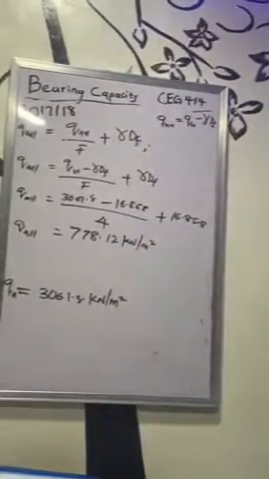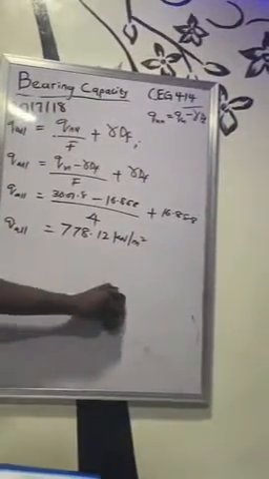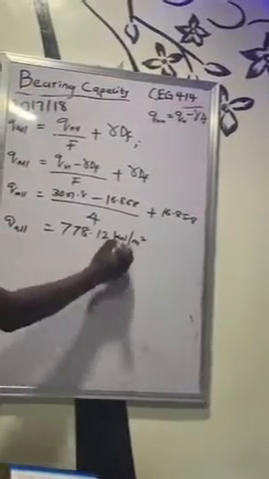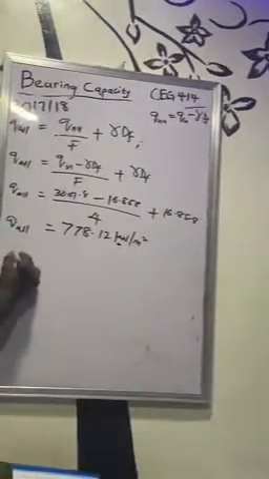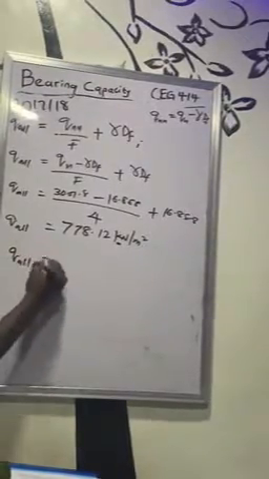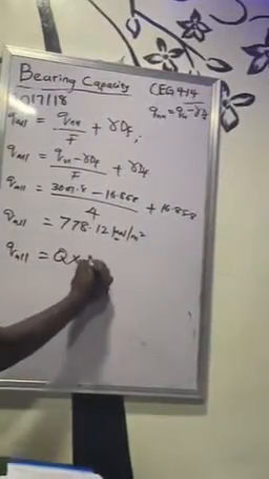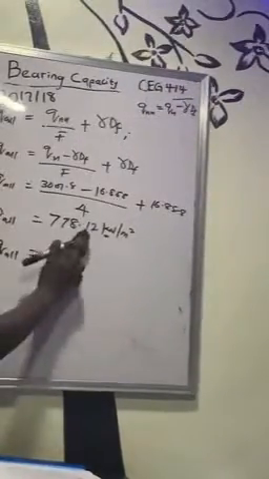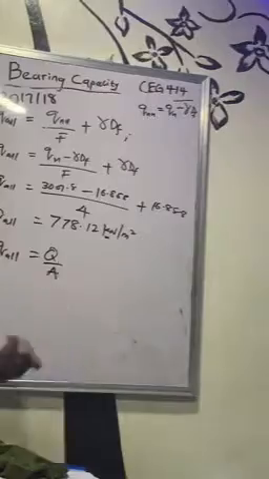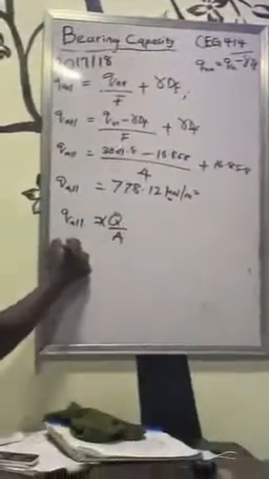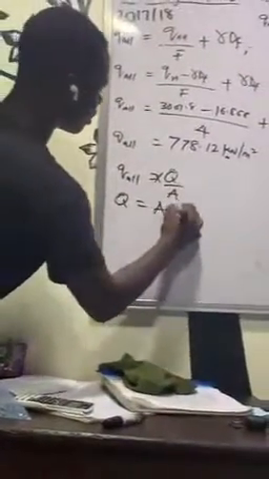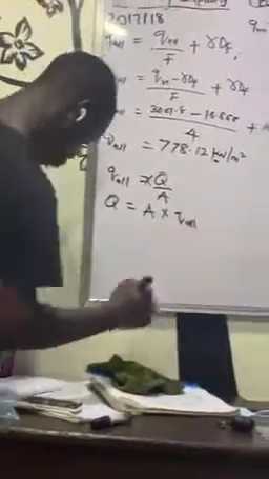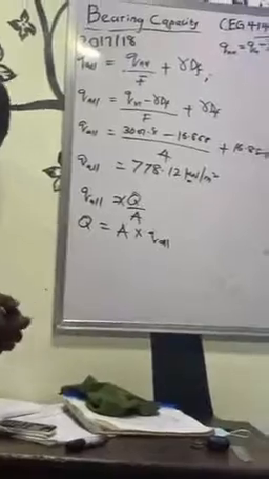So if this is my Q allowable, as you can see, it is a pressure in kilopascals, and I'm trying to get your load. So it means that Q allowable equals Q divided by A. If I cross multiply, Q equals Q allowable multiplied by A. What is my area?